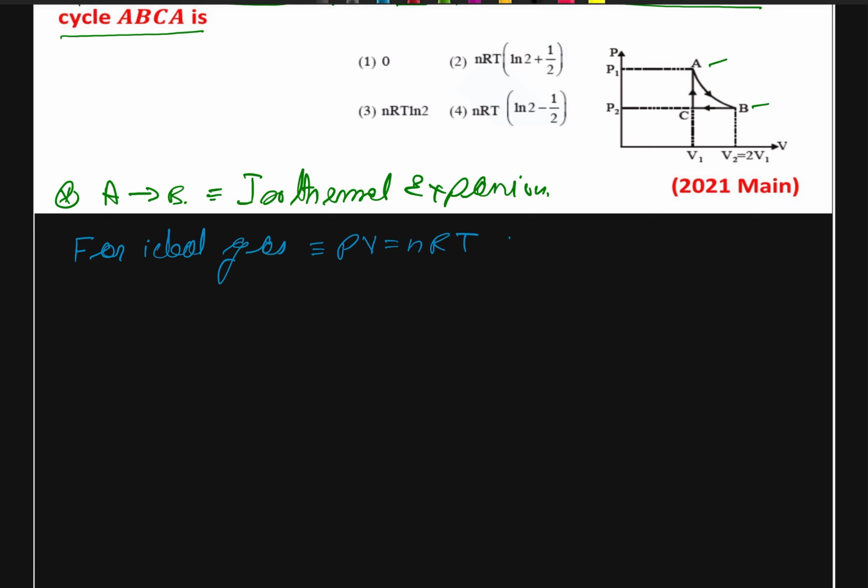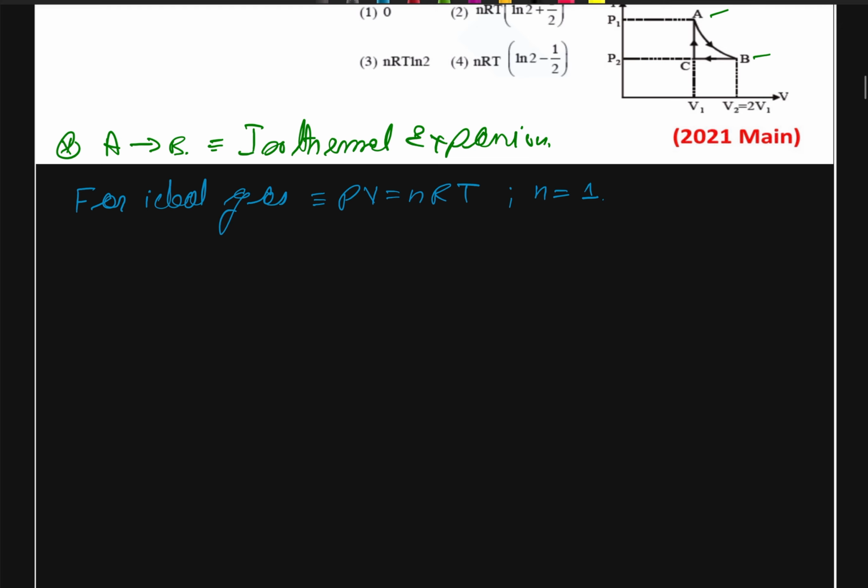And the number of moles is 1, and we are given that our initial state is P1 V1, and our final state is P2 V2 with V2 equal to twice of V1.